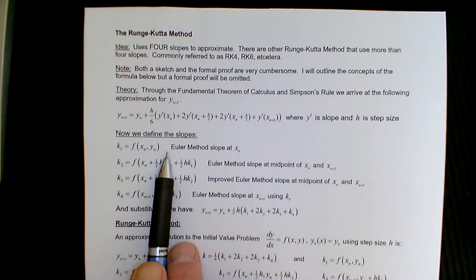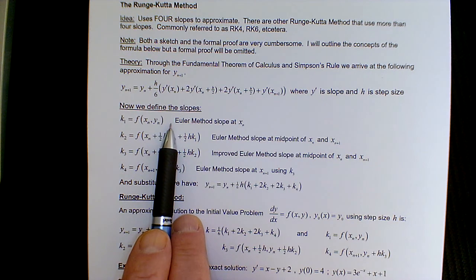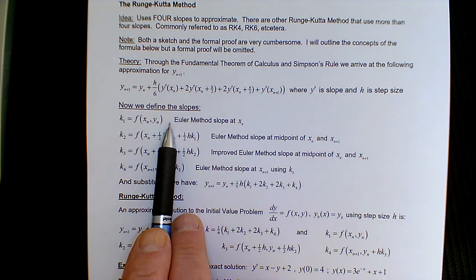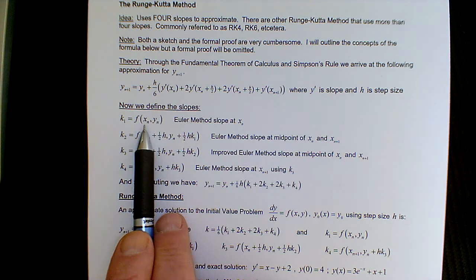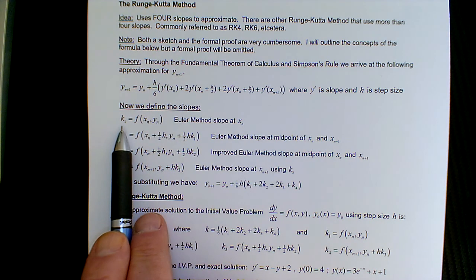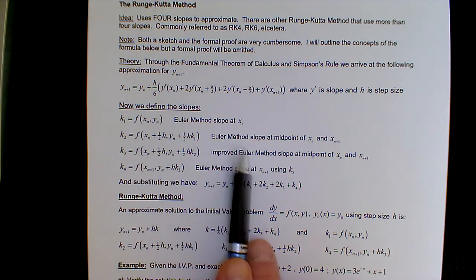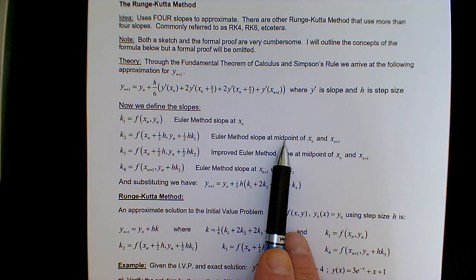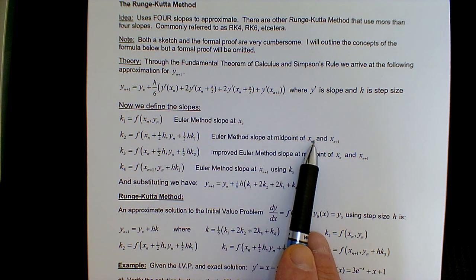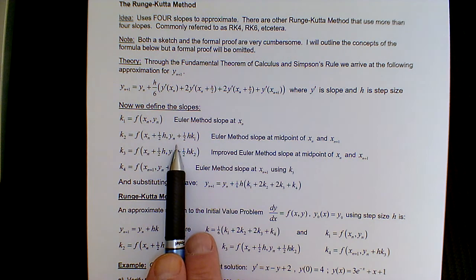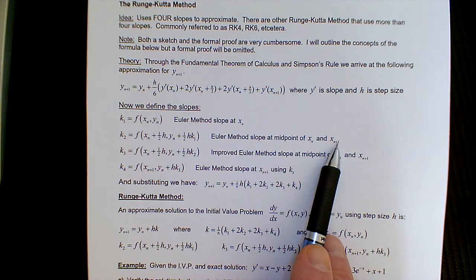The first slope that we define is just the Euler method slope at the initial point, x sub n, and that we call k1. Then the second slope is, again, the Euler method slope, but it's at the midpoint between x sub n and x sub n plus 1.